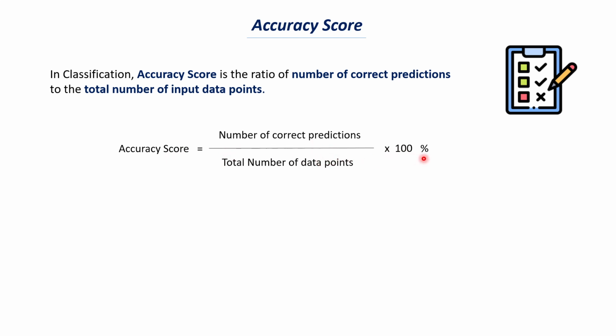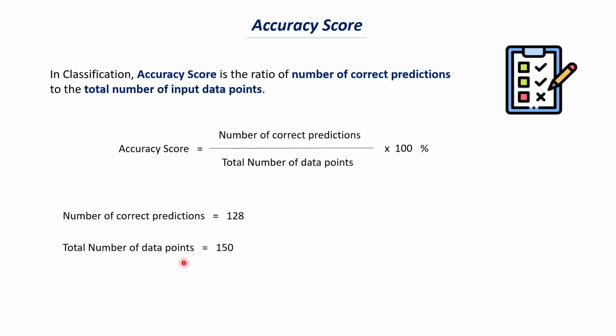Let's try to understand this with an example. Let's say that we are predicting whether a person is diabetic or not. We are using a machine learning model which is trained with diabetes data, and now we are taking 150 data points. This is the test data. We train our machine learning model with the training data, and we test or evaluate it with the test data. The total number of data points in the test data is, let's say, 150.